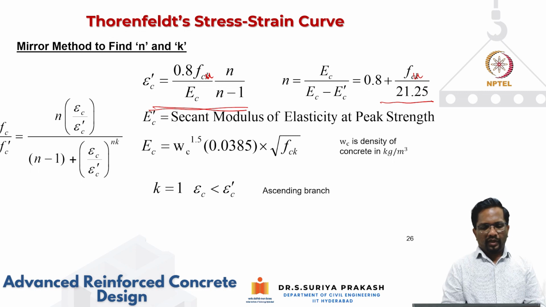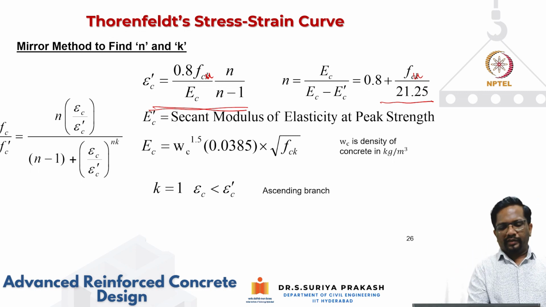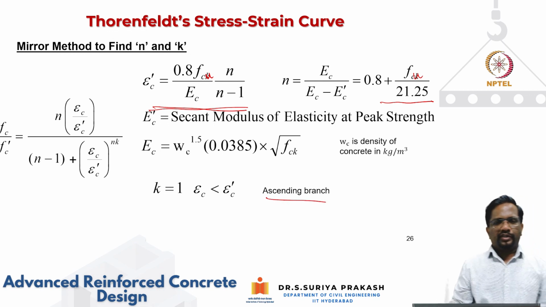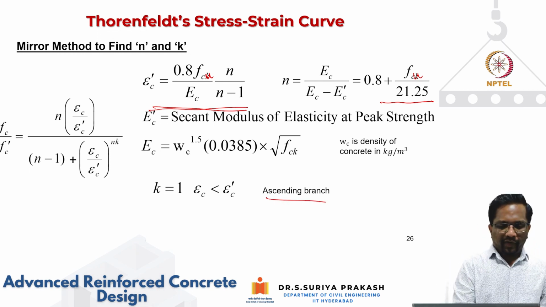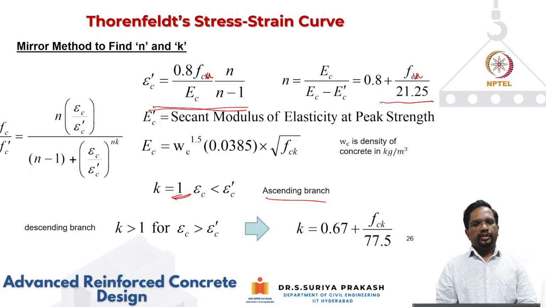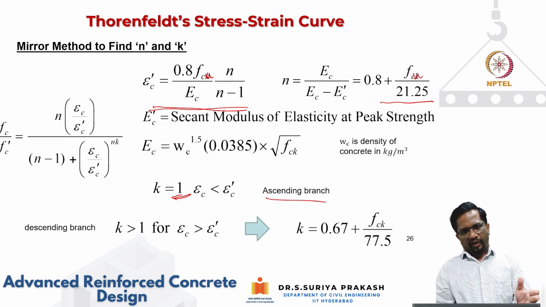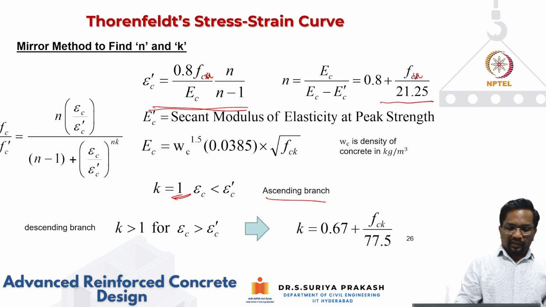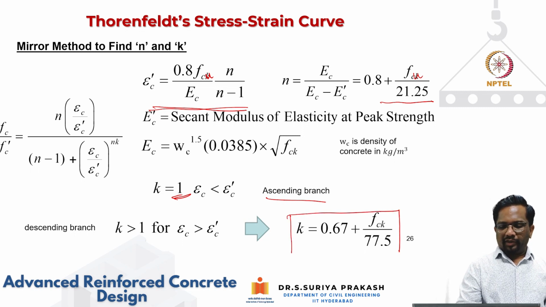Then the k factor is given as 1 in the ascending branch, up to when the strain reaches peak strain. For epsilon c values that are higher than epsilon prime c, for which I'm calculating stress, k is taken as more than 1, and this is given by this empirical equation which is calibrated from your tested data, and again this should be cube strength.